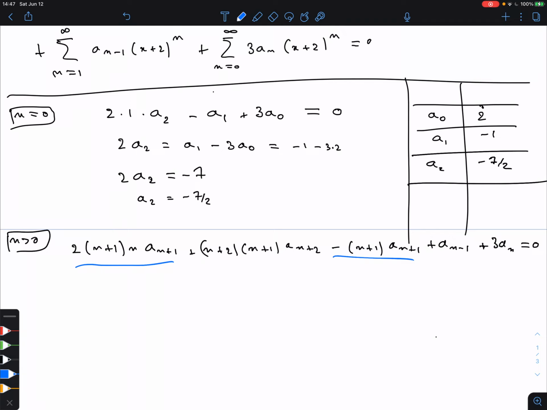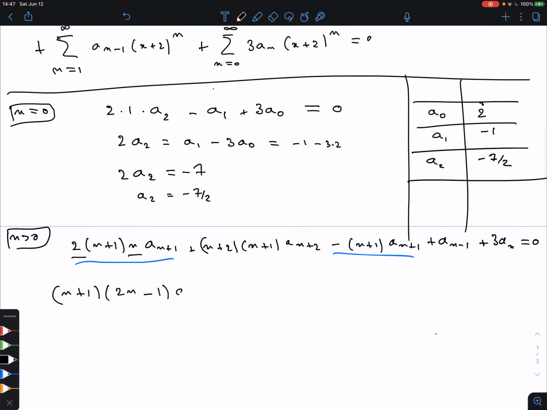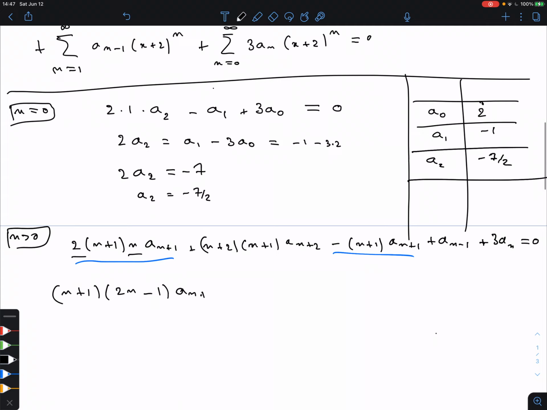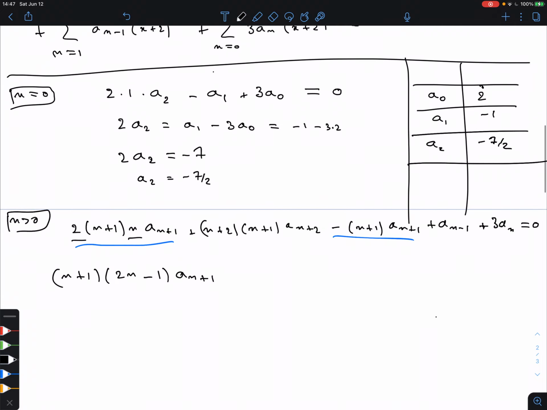And then I have left a 2n, and here just a minus 1, an plus 1. Okay, so that's that one, and that's the only one there. So plus n plus 2, n plus 1. I don't expand these things, it's not really helpful. Plus 3an equals 0.